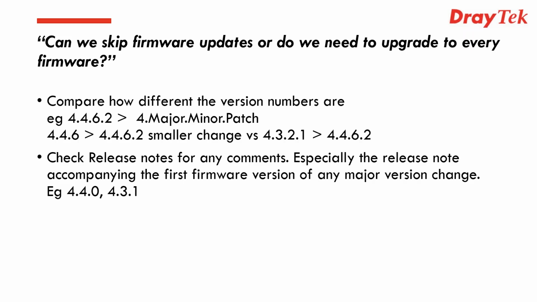So those release notes might make comments relating to that, and there you can look to see if it's something related to features you're using, then that's where it might be something to be more cautious. And also if you've got versions that are many years old, then there might be many major versions you're going through.